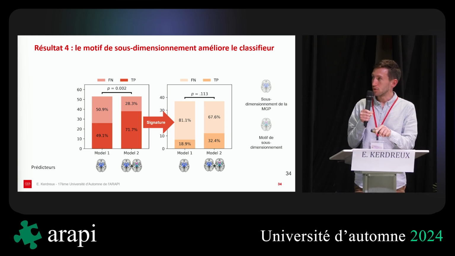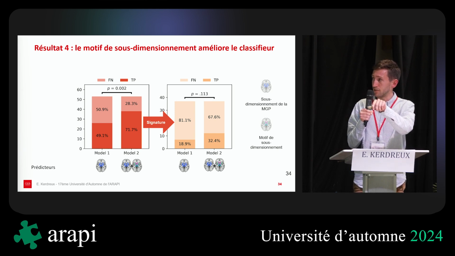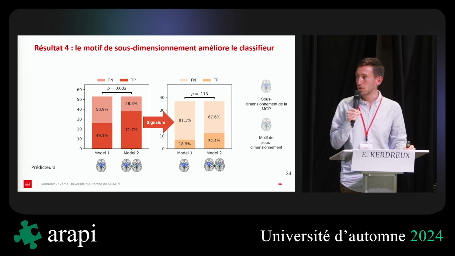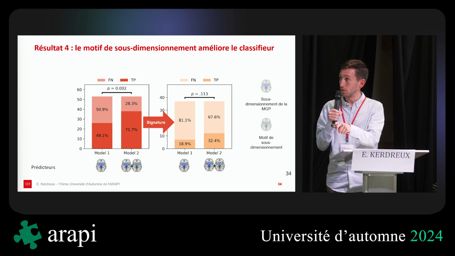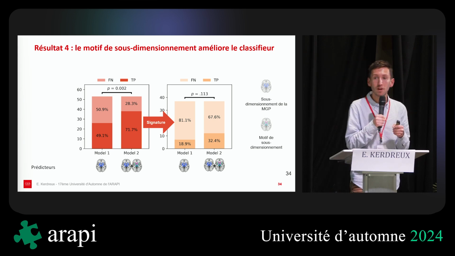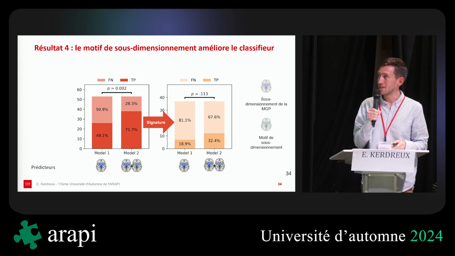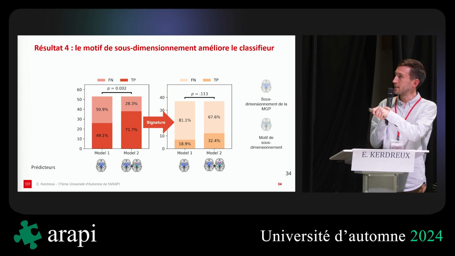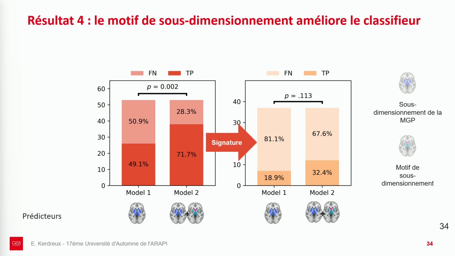So when looking at the classifier, what we show is that when we build a diagnostic classifier just based on the deep gray matter, it enables us to identify 50% of patients with a non-syndromic presentation. And when we add heterogeneity, we have a non-significant increase.